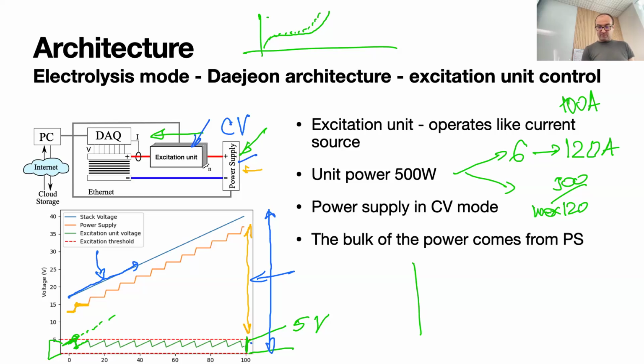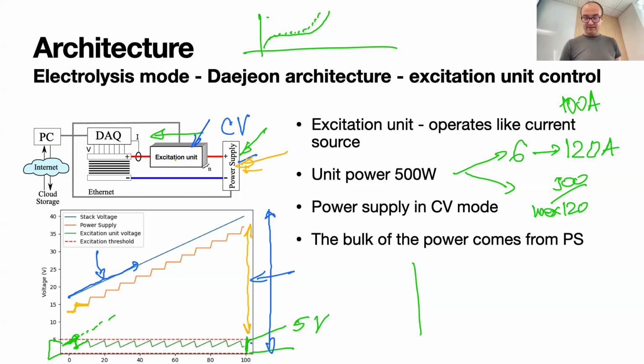You just have to buy more powerful external power supply. Our excitation unit just adds up maximum of 500 watts. This means that even in high power industrial installations, we can install this unit quite safe.